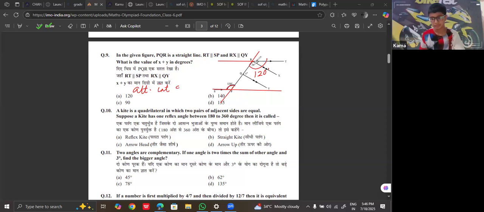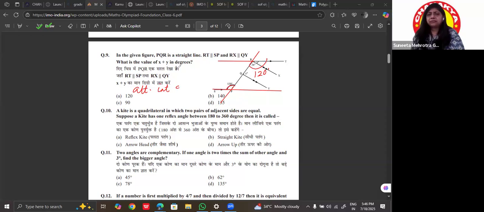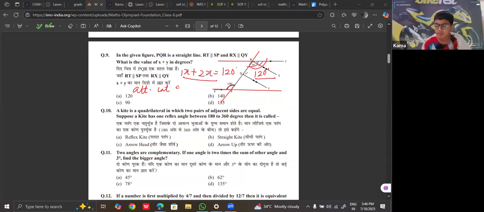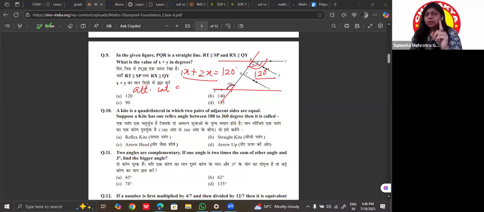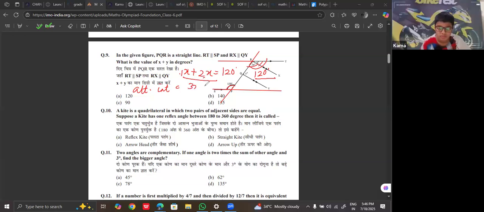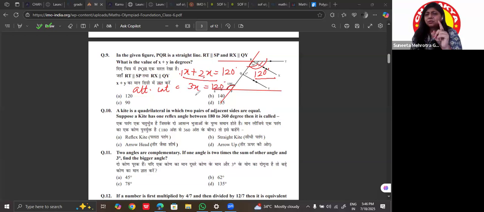So here we have x plus 2x is equal to 120 degrees. This is the x part and this is the 2x part, which is equal to 120 degrees. 1x plus 2x makes 3x. 3x is equal to 120 degrees.